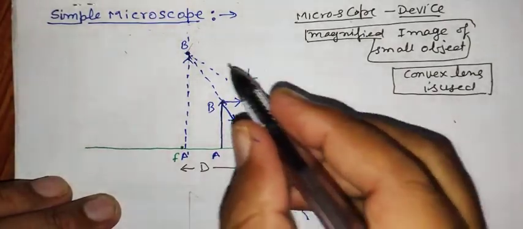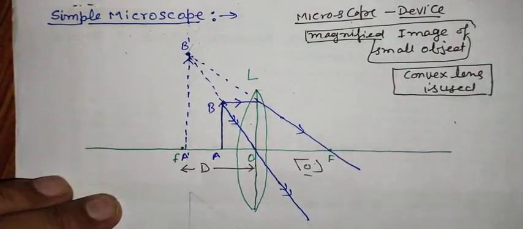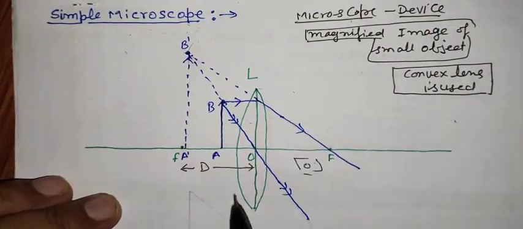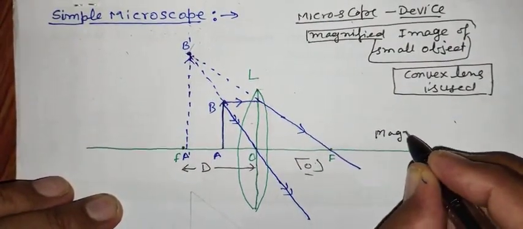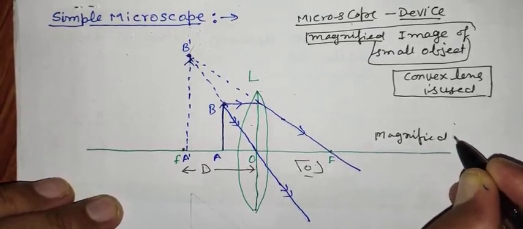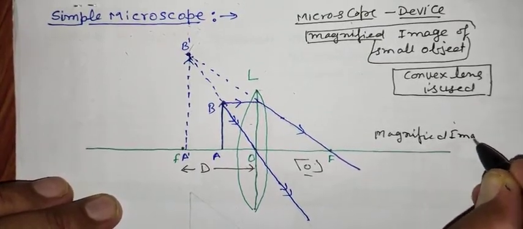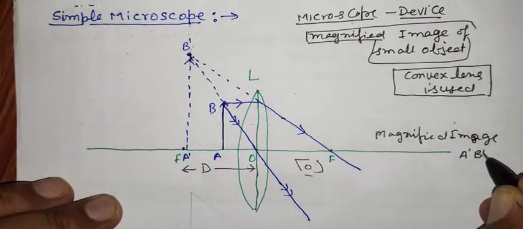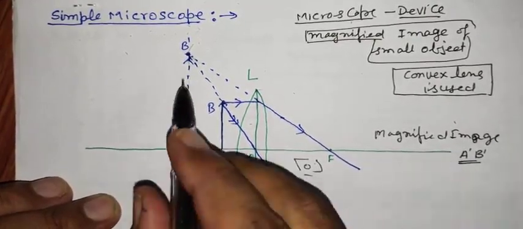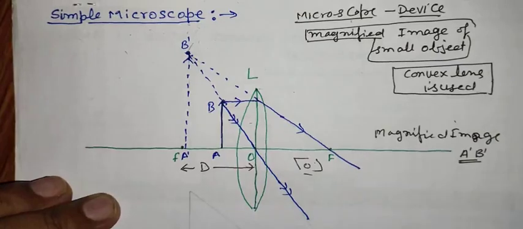So in this way we can obtain the magnified image A dash, B dash here, which is taller than the small object.